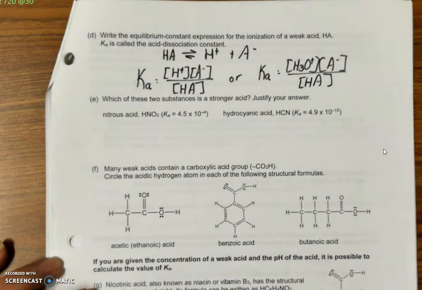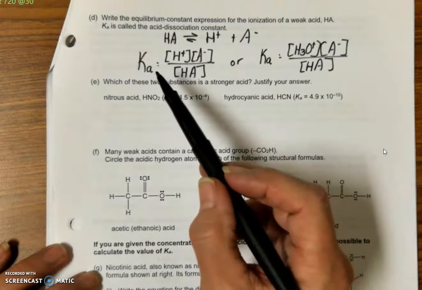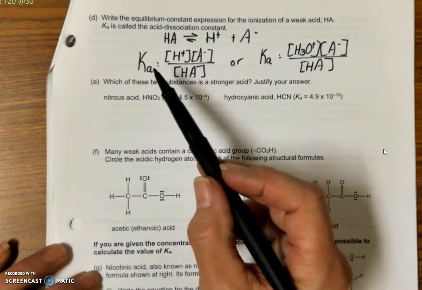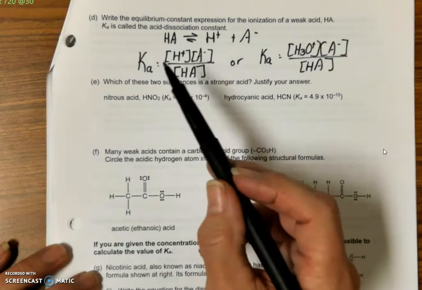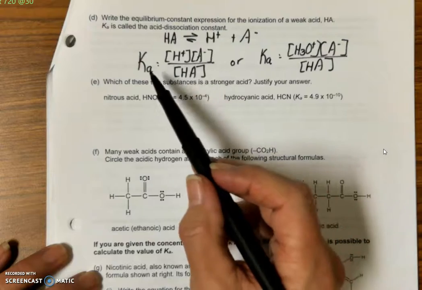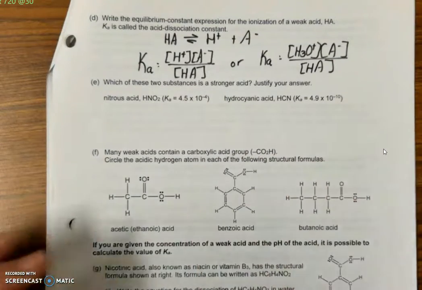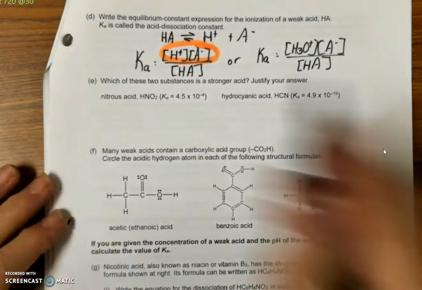Okay. Another thing that we know, remember we talked about Ksp. The higher Ksp was, the more dissolved the salt. This is going to be true of Ka. If Ka is high, that means I have a lot of that.